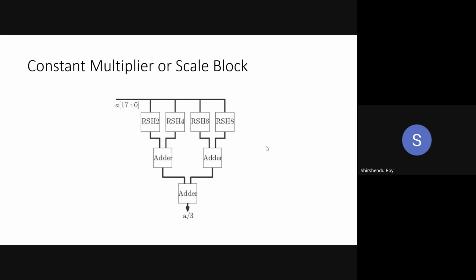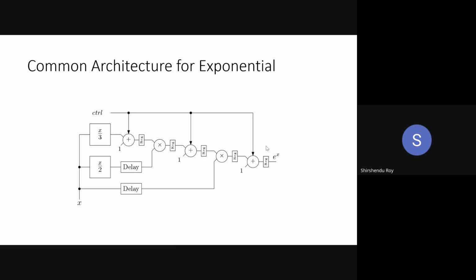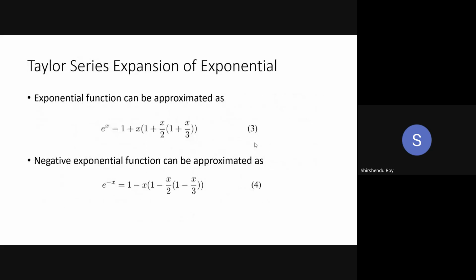So finally, we have discussed. Now going to the common architecture for exponential, because we have seen that we have to design a block that is capable of computing the exponential for negative as well as positive value of x. For negative value of x, if you see in equation 4, all positive signs are replaced by negative signs.